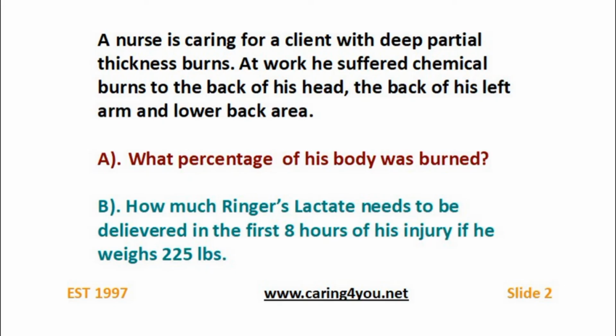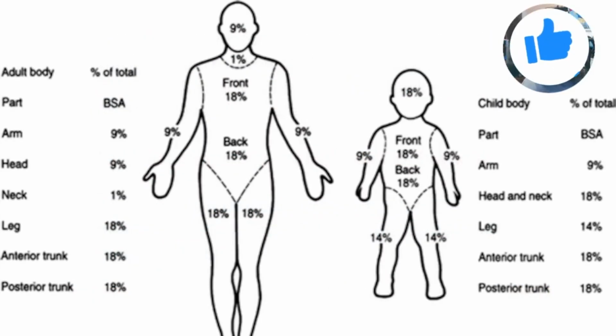Now, in order to find what percentage of his body was burned, we have to do the rule of nines. Now let's look at the chart again. So burns to the back of his head was 4.5% because his entire head is 9. So 9 divided by 2 is 4.5. So the back of his head is 4.5. The back of his left arm is 4.5 because his entire arm is 9%.